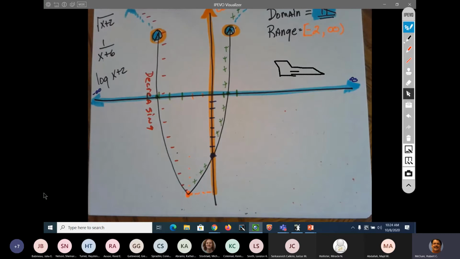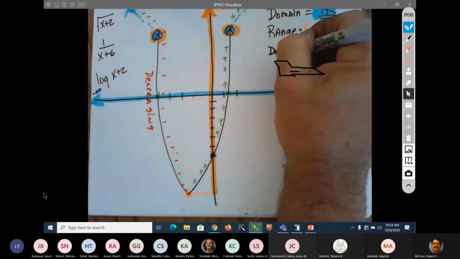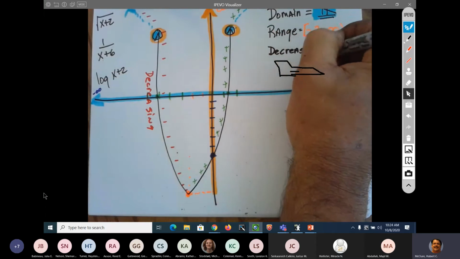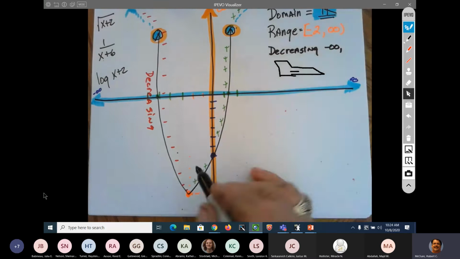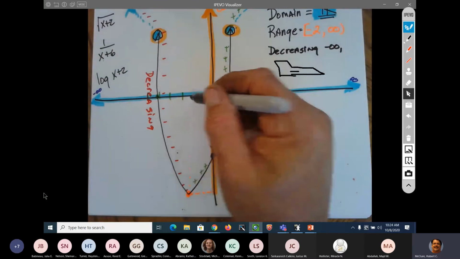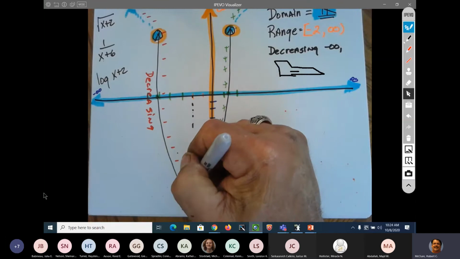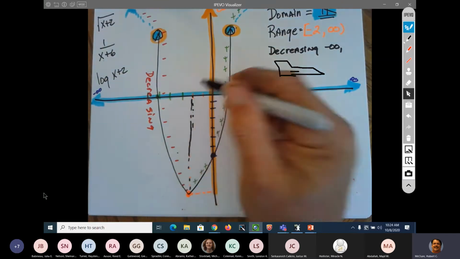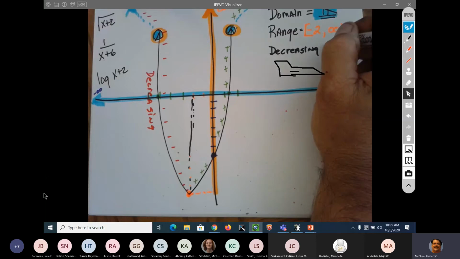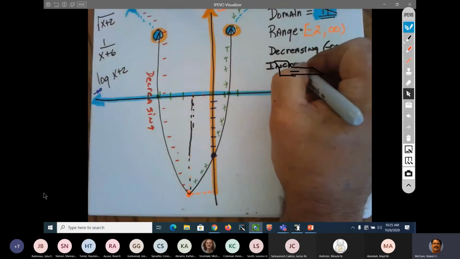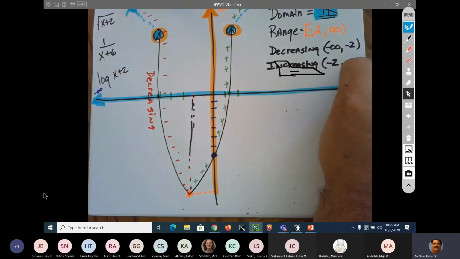So we read from left to right, so I'm decreasing from negative infinity to this x right here, which is -2. Yep. -2. And then I'm increasing from -2 to infinity.